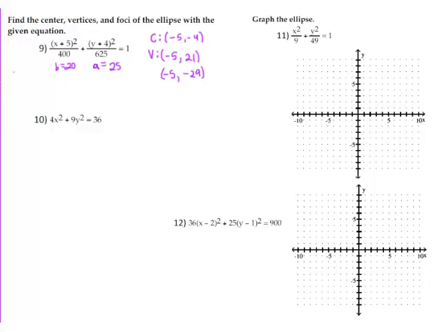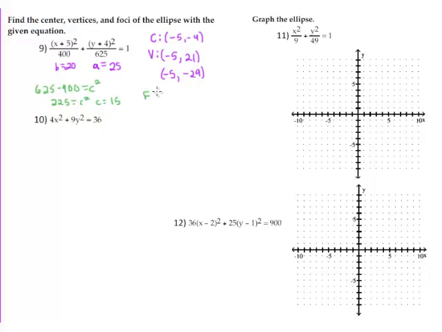To find our foci, we need to find the Pythagorean relation for a and b. So remember, for ellipses, it says on there a squared minus b squared. So that's 625 minus 400 equals c squared, which gives us 225 equals c squared. So the square root of that is 15.